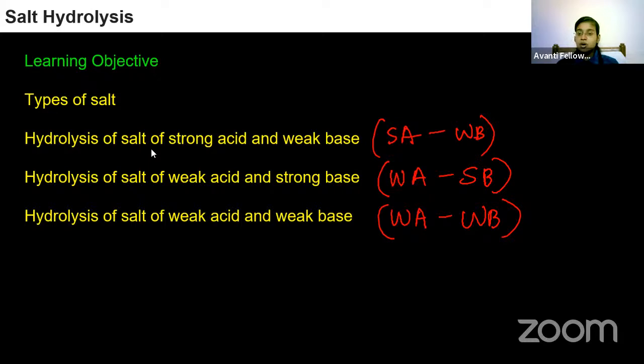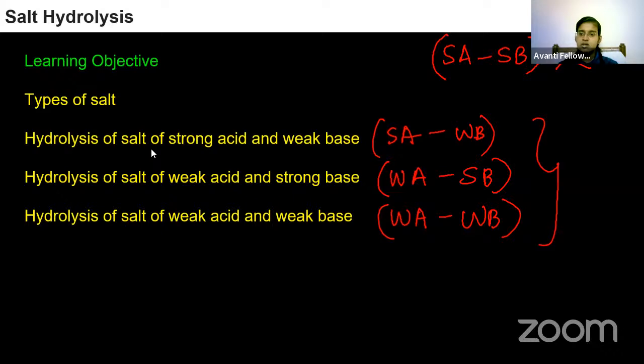One combination is not given, and we cannot find the hydrolysis of that salt. Can you find what that combination is? It is strong acid and strong base. We will not study the hydrolysis of this combination, but the other three will be discussed.